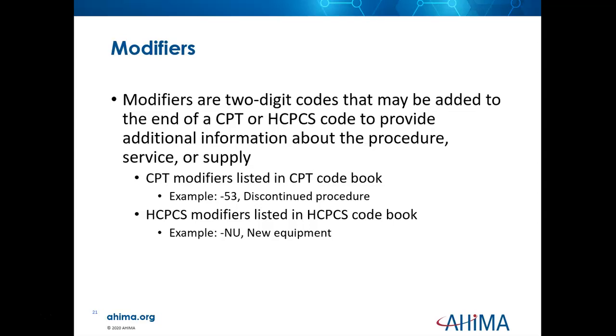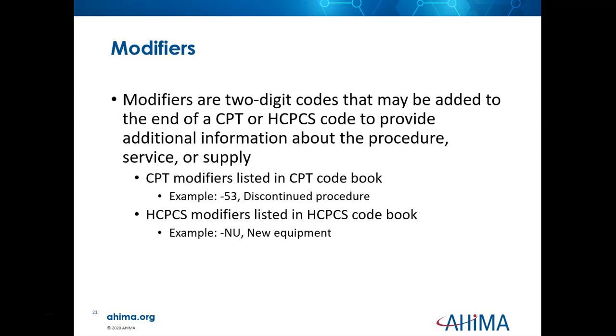After you've got your diagnosis assigned, your procedure code assigned, you've got to look at the modifiers. Is there something about that record, something about that encounter, that indicates that I'm going to have to identify something that was a little different about that? So, did they discontinue that procedure?